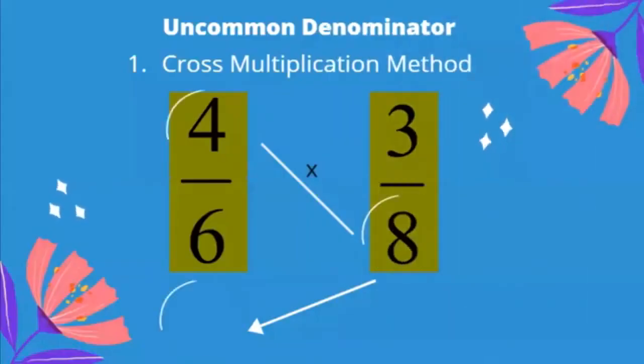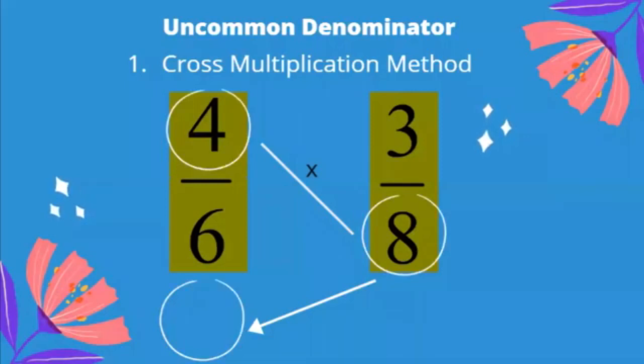If we want to compare only two uncommon fractions, just use the cross multiplication method. How? Here's how. See the numbers that I circled, the first numerator and the second denominator. Now multiply both of them and put the answer on the left side. So 4 multiplied by 8, the answer will be 32.